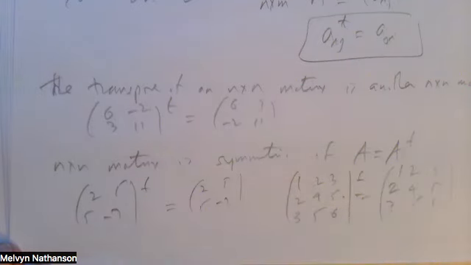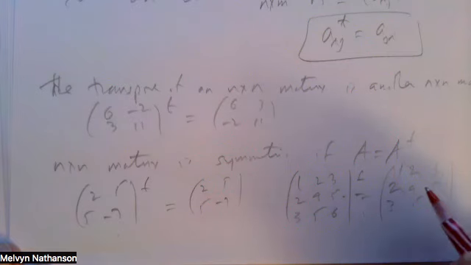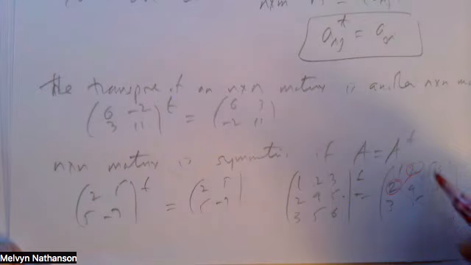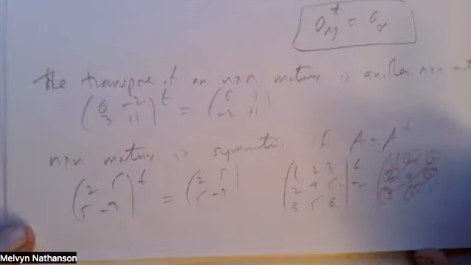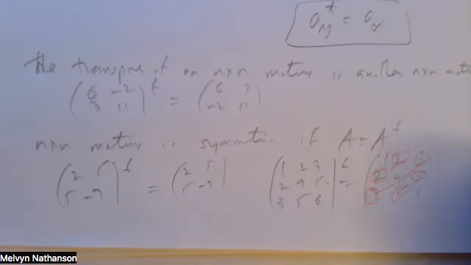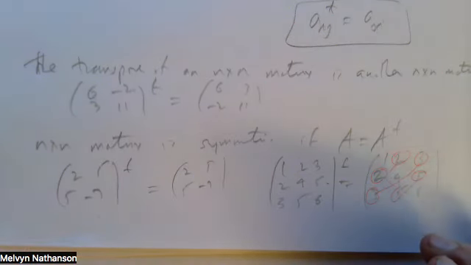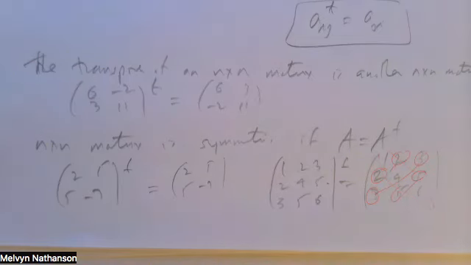And you notice in a symmetric matrix, what's down the diagonal doesn't matter, that doesn't change. But the numbers that are symmetric with respect to the diagonal, 2 and 2 are the same, 3 and 3 are the same, 5 and 5 are the same. That's what gives this symmetry of the matrix. So in some applications, symmetric matrices are useful and important.